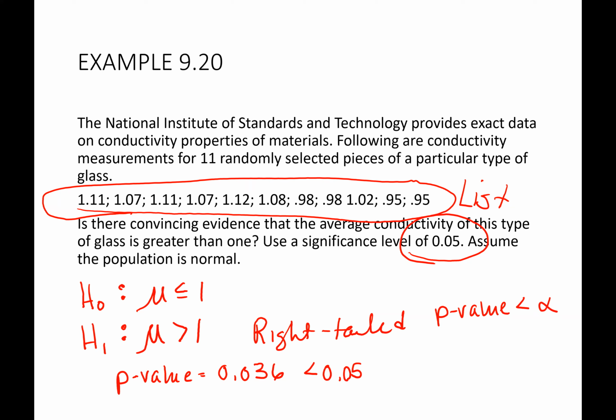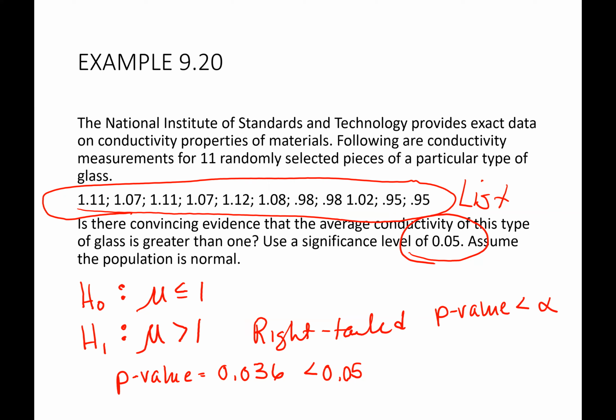Reject. If the p is low, the null must go. So we're going to reject the null hypothesis. So our sample data does support the conclusion that the mean conductivity is greater than 1.